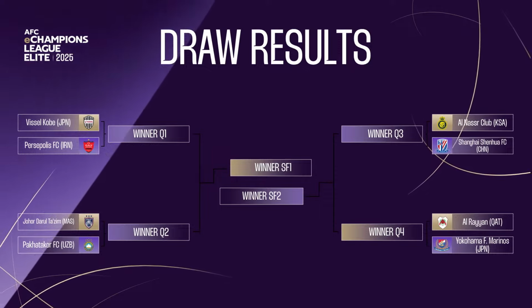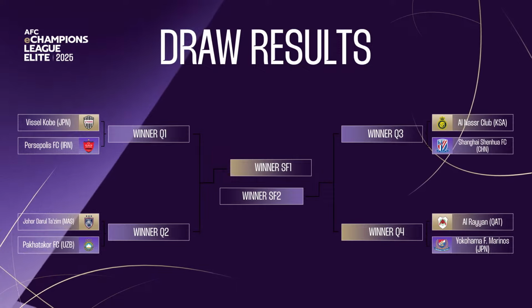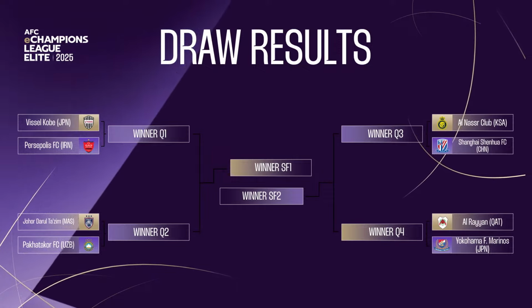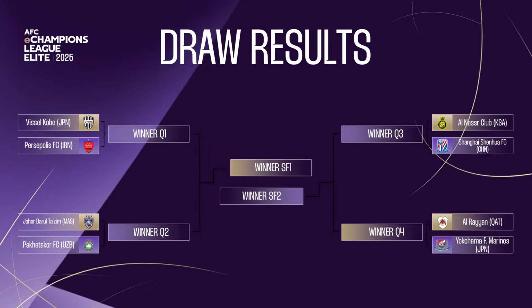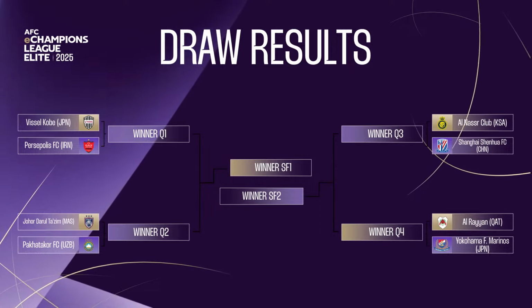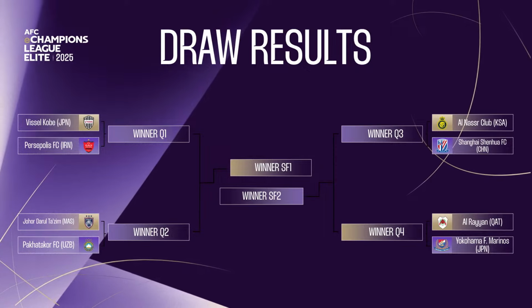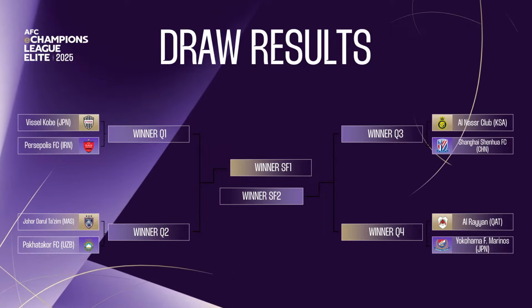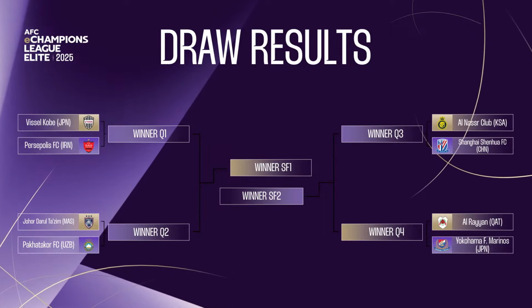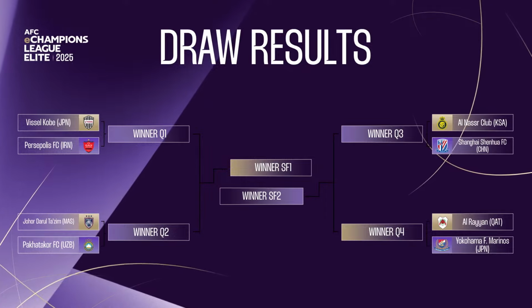For quarterfinals 3, we have a matchup between Al Nassr Club of Saudi Arabia against Shanghai Shenhua FC of China PR. For the last quarterfinals, we have a matchup between Al Rayyan of Qatar against Yokohama F Marinos of Japan.